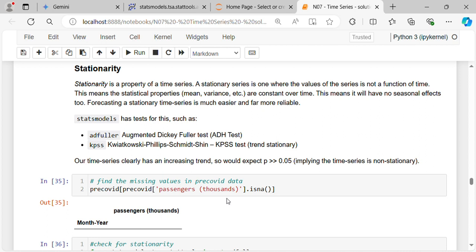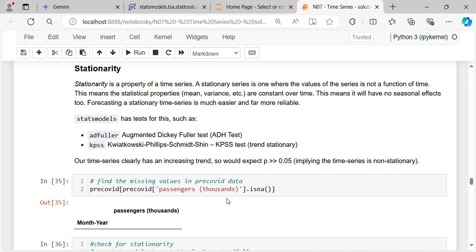Statsmodels has tests for this such as adfuller, the augmented Dickey-Fuller test, and the KPSS test, Kwiatkowski, Phillips, Schmidt, Shin, KPSS test. That's for the trend stationary.